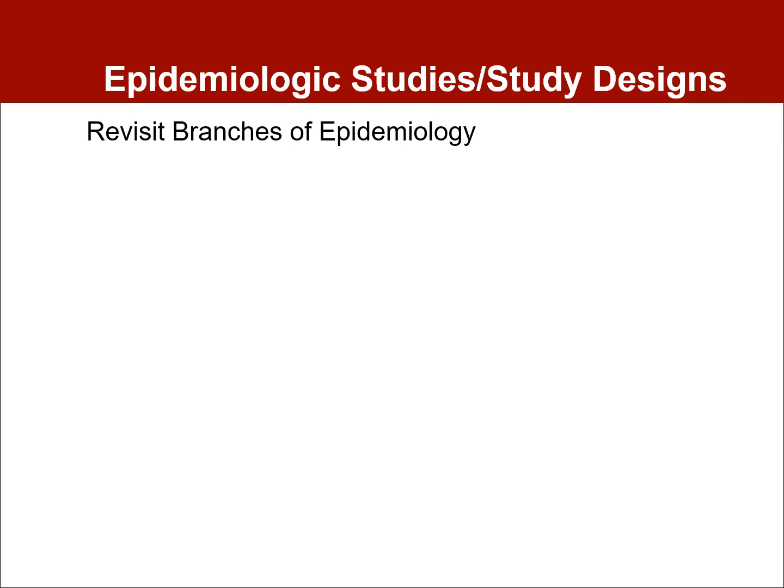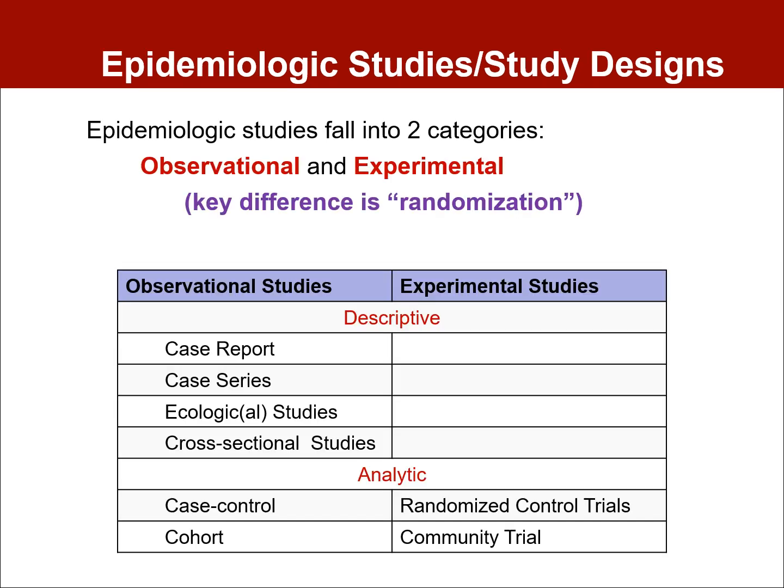If you remember clearly, I told you that descriptive epidemiology serves as the foundation for analytical epidemiology. And when we talk about study designs, we have categories under those two main branches. The two main categories are either observational or experimental.